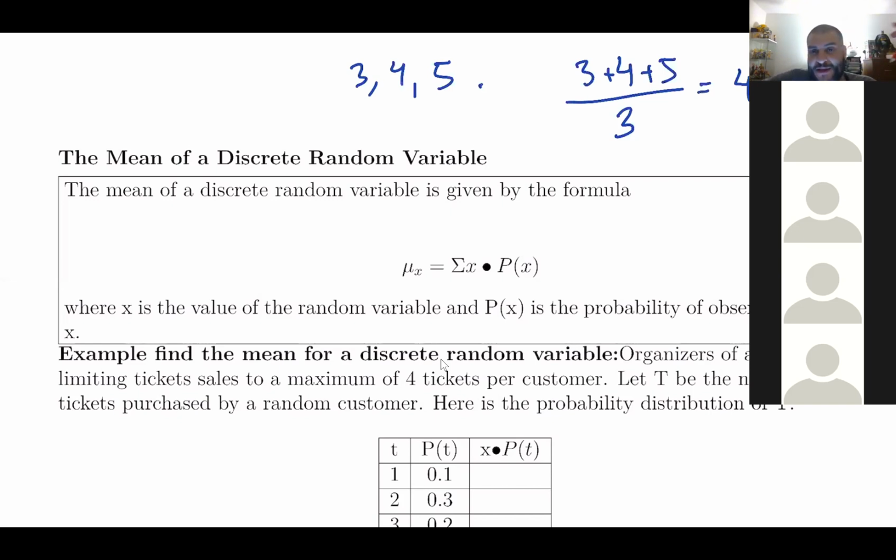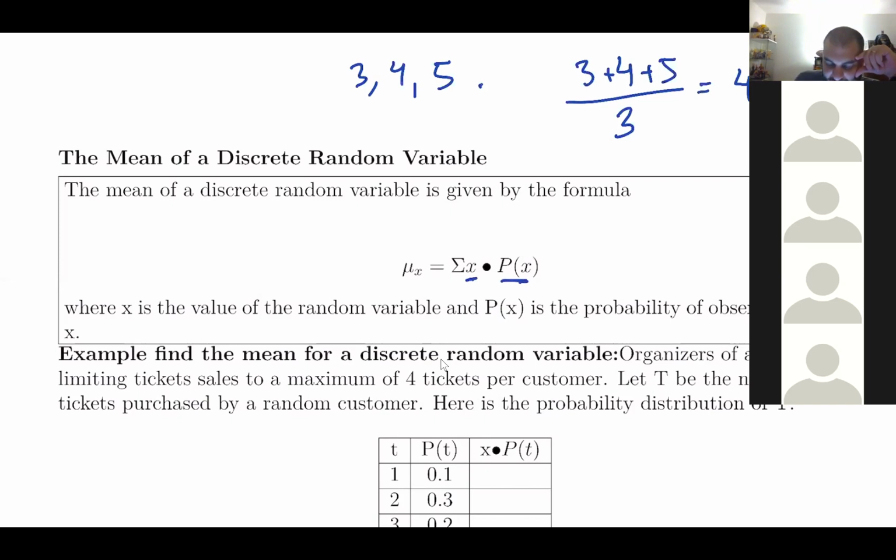All right, so that's how we used to do it for the mean. But what we're going to do right now is do it for when I don't know exactly how many numbers I have, but I know how many times those events occur. So if you look right here, it says you get x and you multiply by p of x.